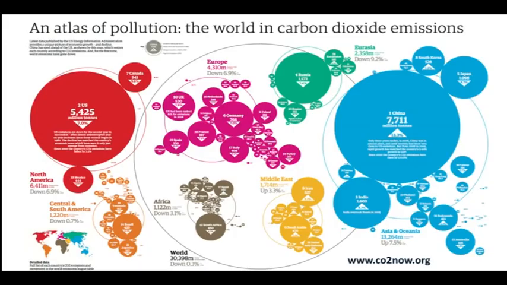And North and South America. North America is, of course, Canada, U.S., and Mexico. And you can see we, of course, dominate North America with 5,425 million tons, which was on the previous graph.